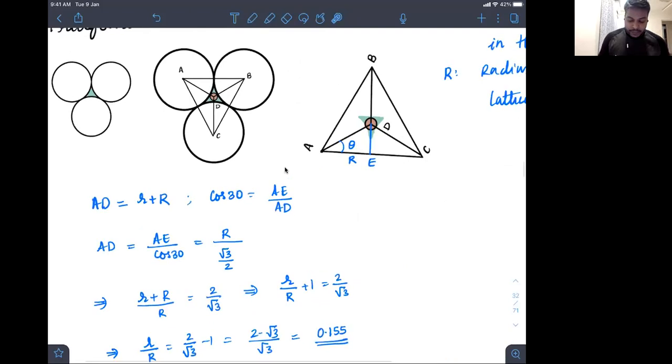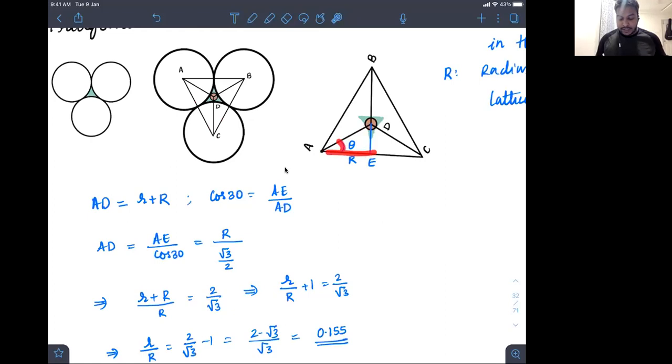So what I did, I wrote this ABC, which is an equilateral triangle, and to the centroid, the point here is D. So from A to D, it is an angular bisector making an angle theta, which is 30 degrees. So if this distance is what I need to calculate, then I must know what is AE. And AE distance is actually capital R, right? AE distance is capital R.